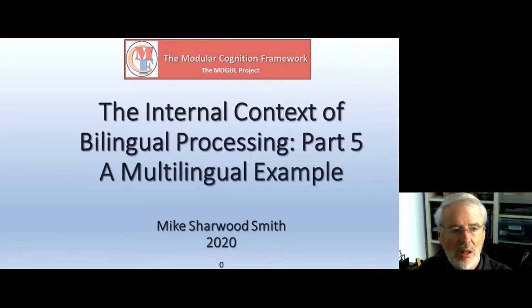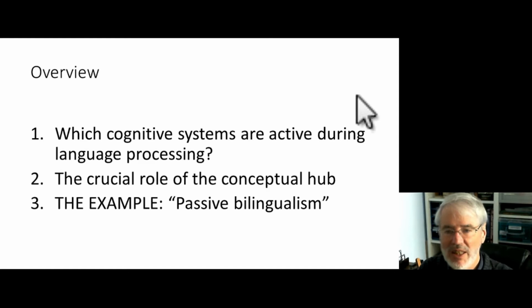So let's have a look at the overview, right? I divided this into three basic points. The first one is a question, and the question is which cognitive systems are active during language processing.